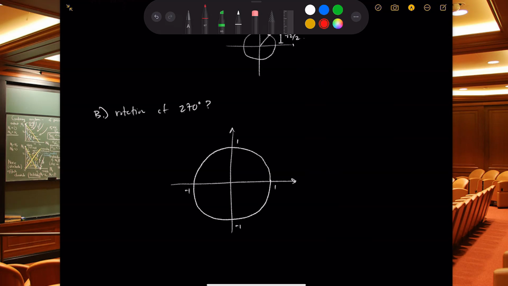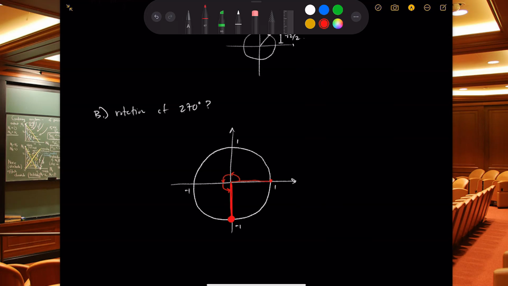Remember, we start here, and then we rotate around. 270 degrees is 90, 180, 270, and then full stop right here. And so I'd be at the very bottom of this Ferris wheel, right down here.